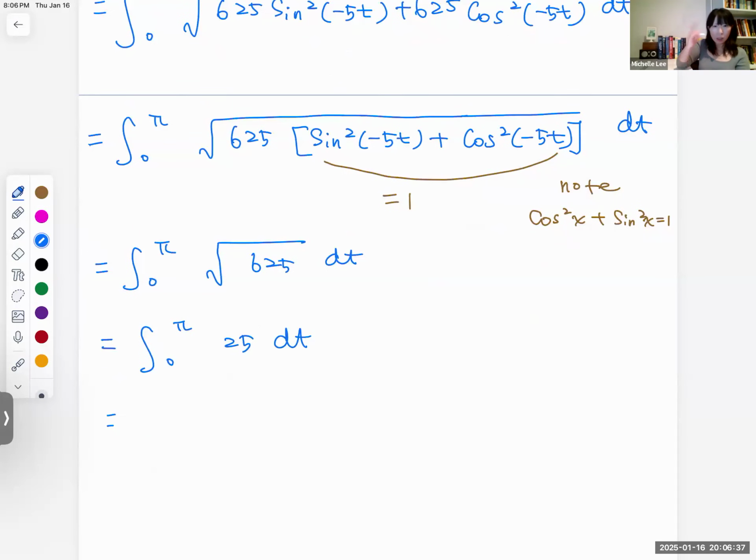Then integrate 25t from 0 to pi. So we get 25 pi over 0, which is 25 pi. Very good.